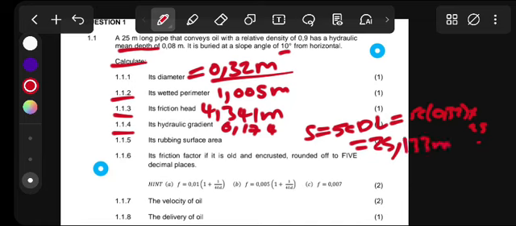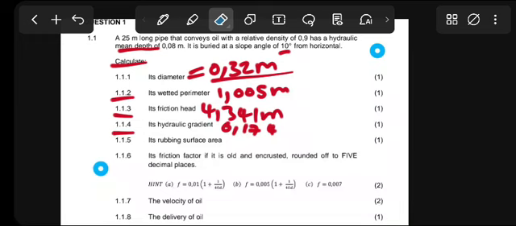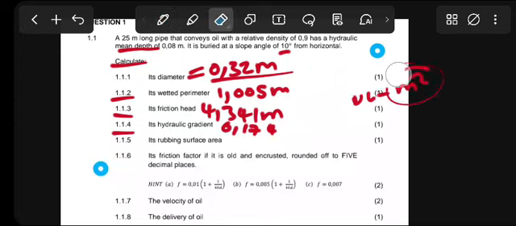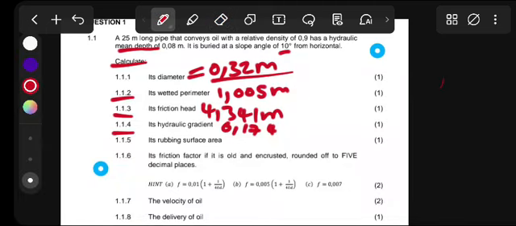Obviously it's measured in meter squared, because diameter multiplied by the length must be that. But anyway, no problem. So the rubbing surface is the value that we got, 25.133 meter squared.